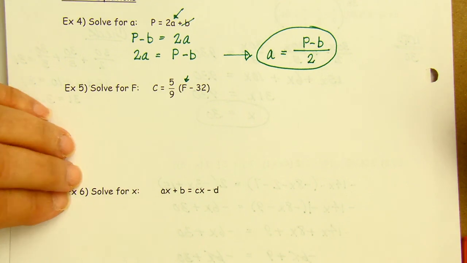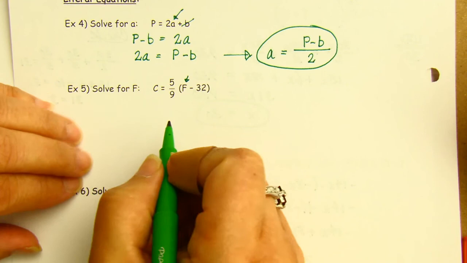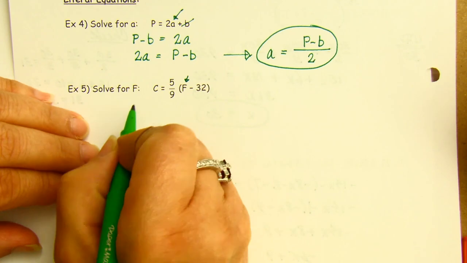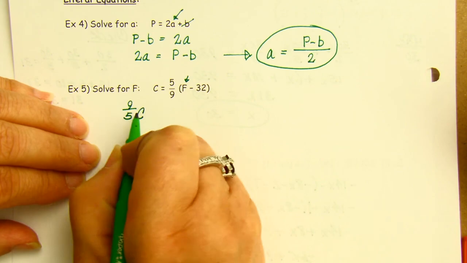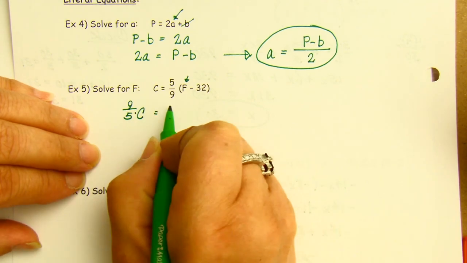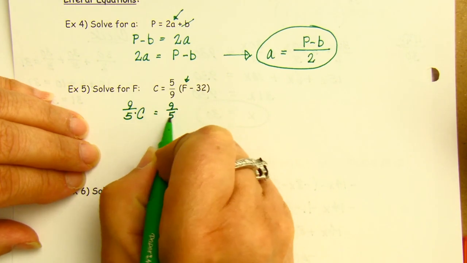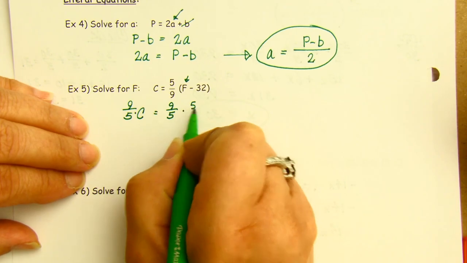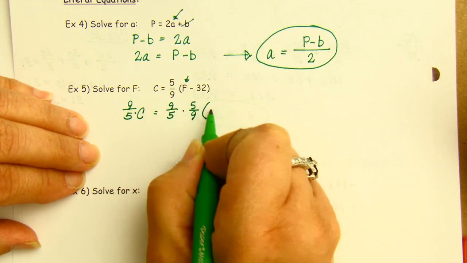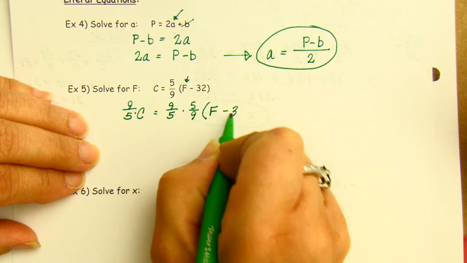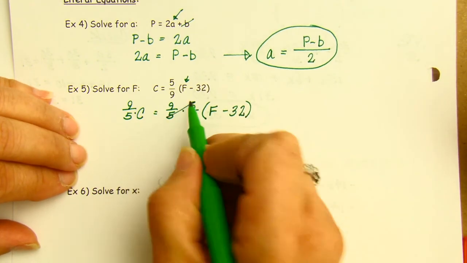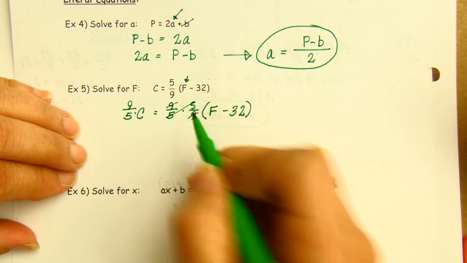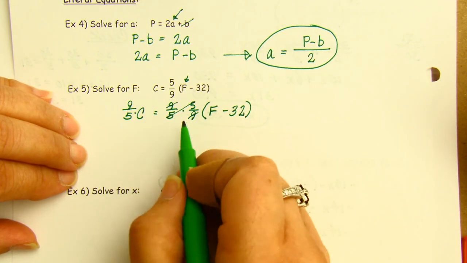The reciprocal of 5/9 is 9/5. So I get 9/5 times C on the left side, and I'm just going to show it out: 9/5 times 5/9 times this quantity F subtract 32. And you see what happens is the 5s are going to divide out, the 9s are going to divide out, and this number now is a 1.